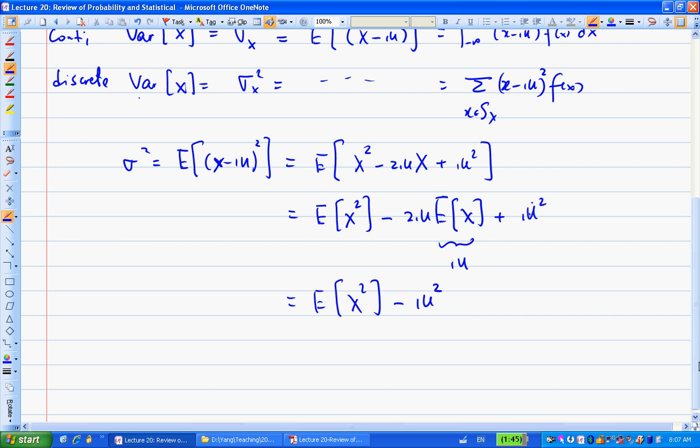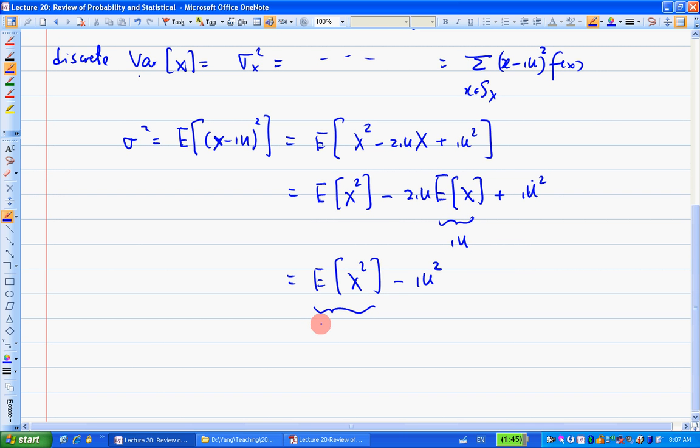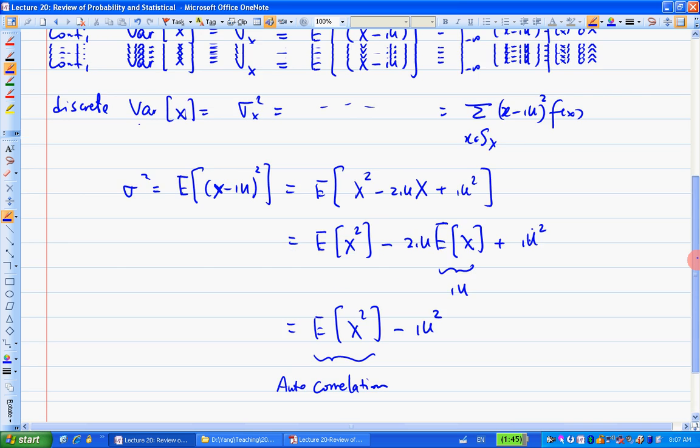So that's the relationship between sigma squared and mu squared here. As we learn later, this term here we're going to define as autocorrelation. So this is for a single variable.